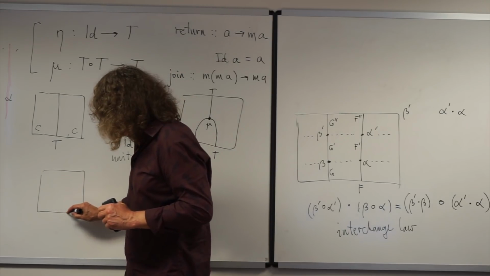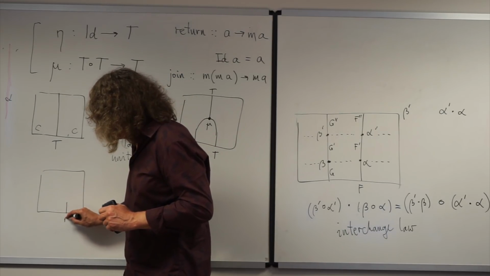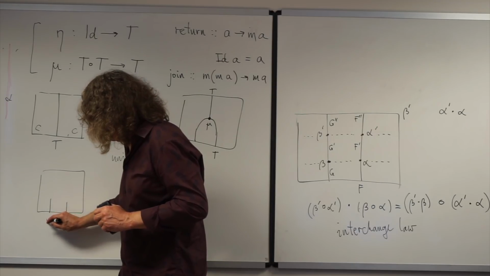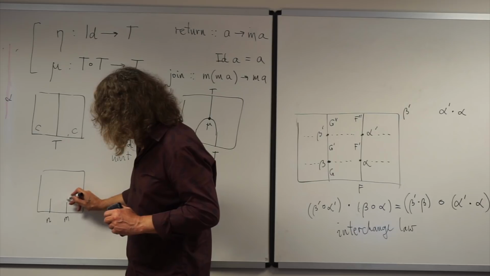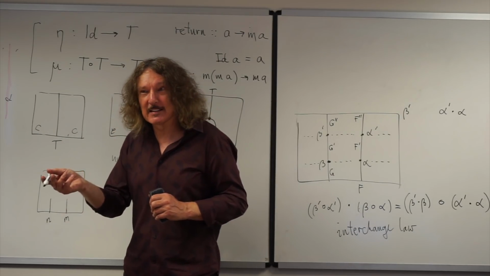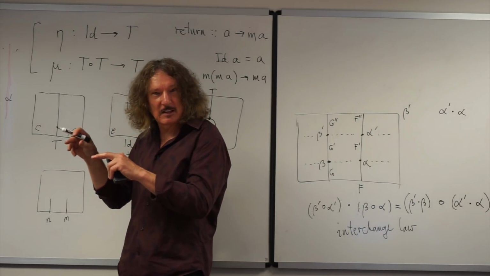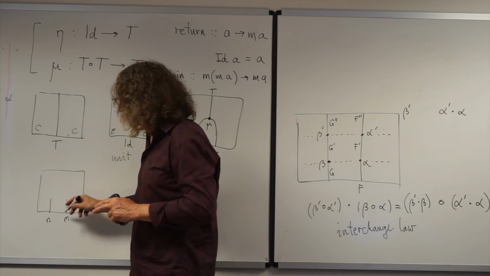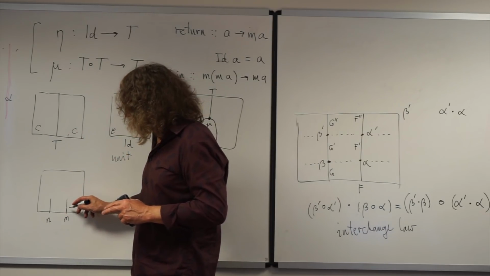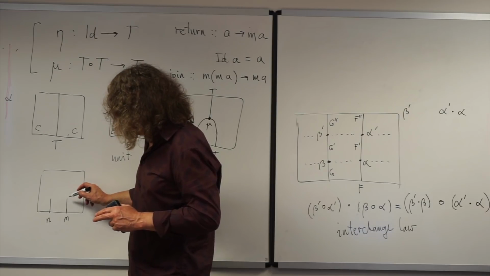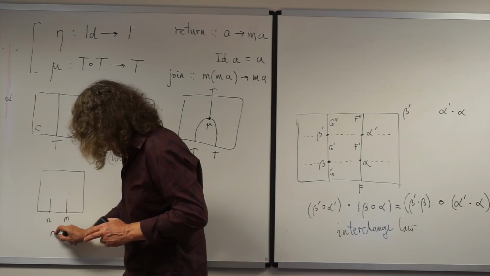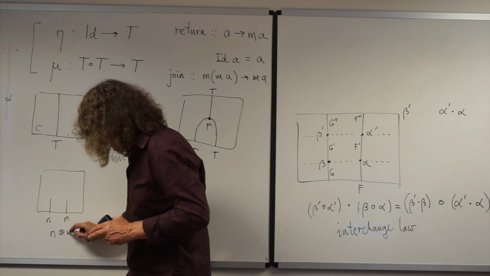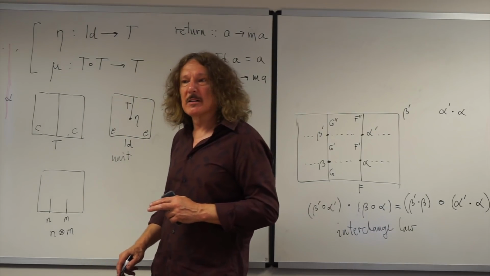If you have two objects, let's say M and N, right? You draw them as lines. So now objects become lines. Previously objects were dots, right? Now objects are lines. So this is a diagram that corresponds to N cross M, the tensor product.